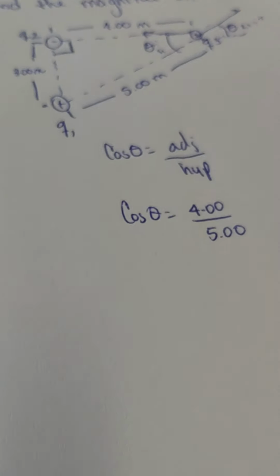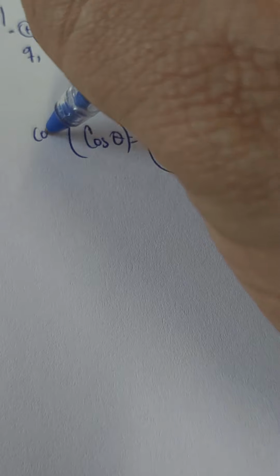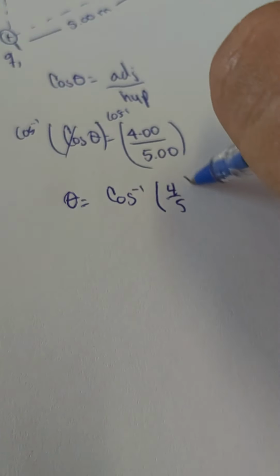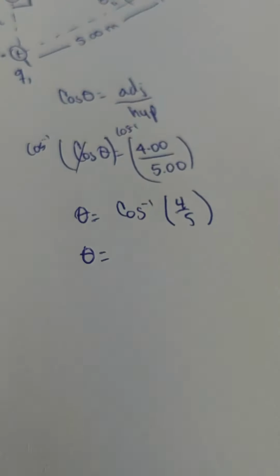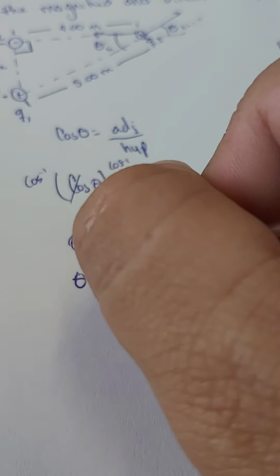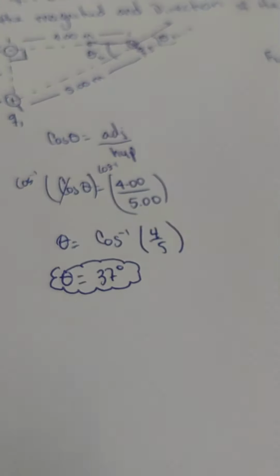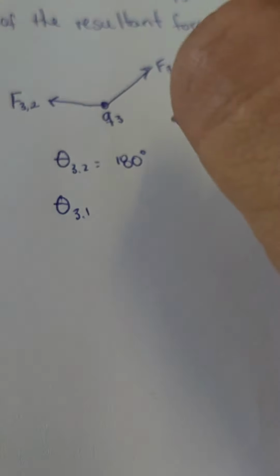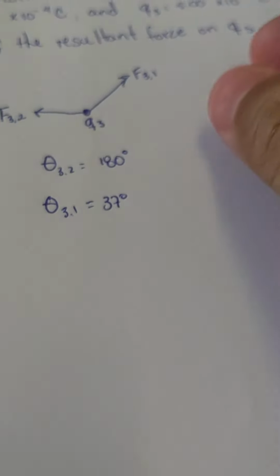We don't want cosine of theta, we want theta, so we take the arc cosine of both sides. Theta equals arc cosine of 4 over 5, and theta will be about 37 degrees. So theta 3,1 will be equal to 37 degrees.